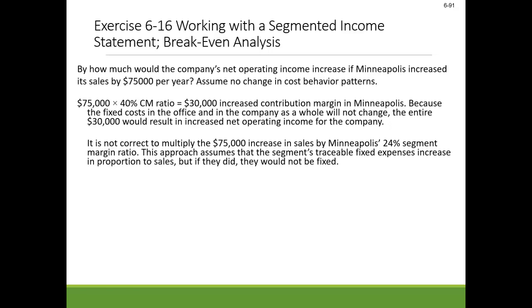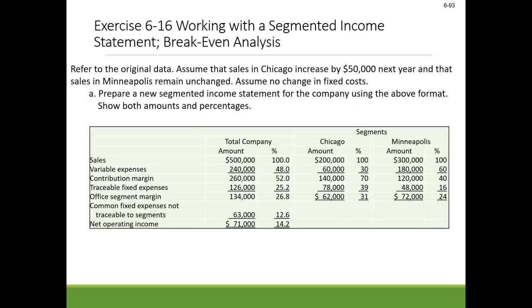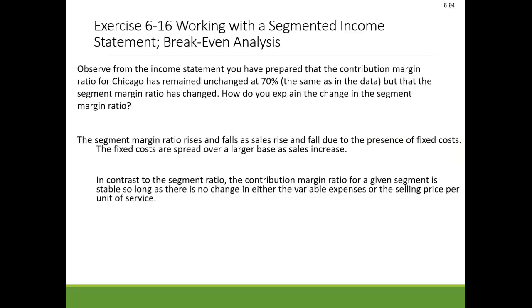The entire $30,000 would be going towards net operating income. Okay. And then prepare new segmented income statements using an increase. Chicago sales are going to increase 50,000 next year, with Minneapolis's not changing. So you see how the break even plays out here.